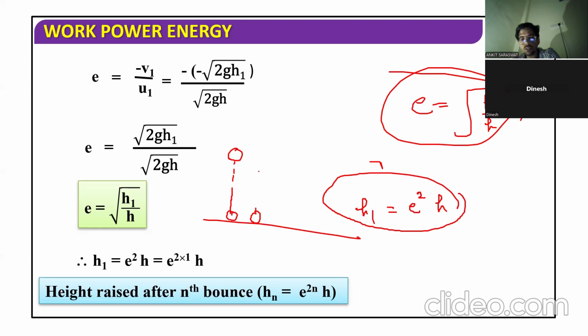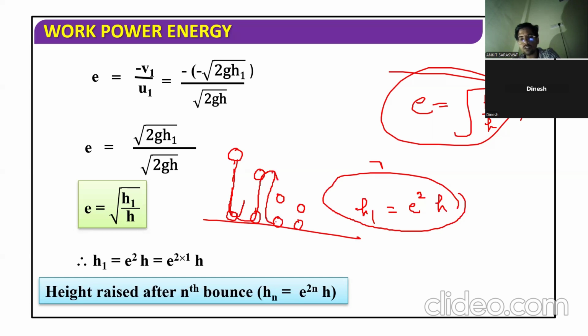You know, bouncing. Again it is coming, again it is going up to this, again it is coming like this. So it bounces like this. Bounce like this. Bounce. Again going, then again coming.